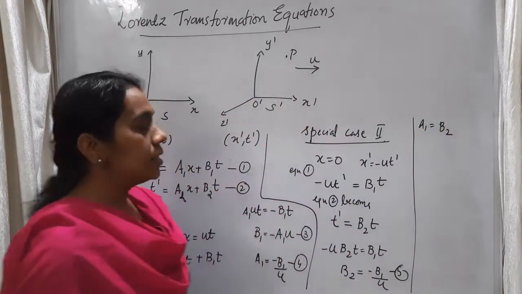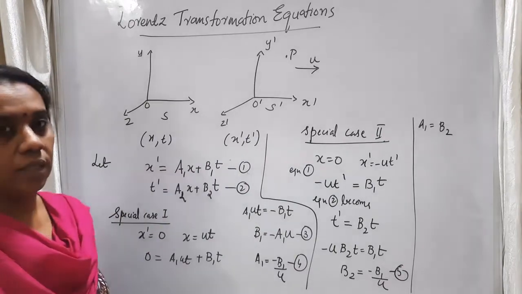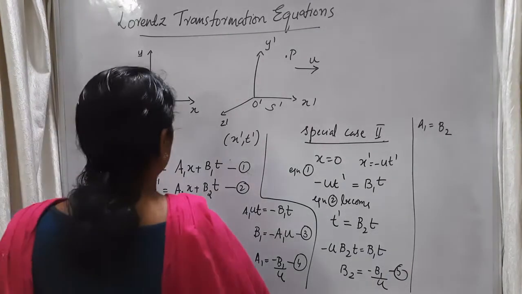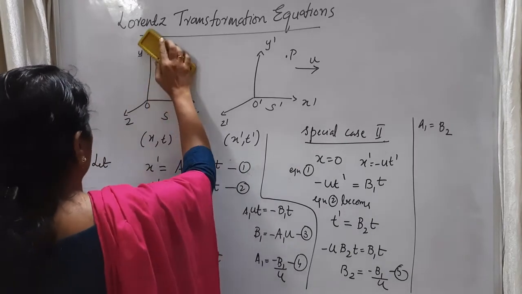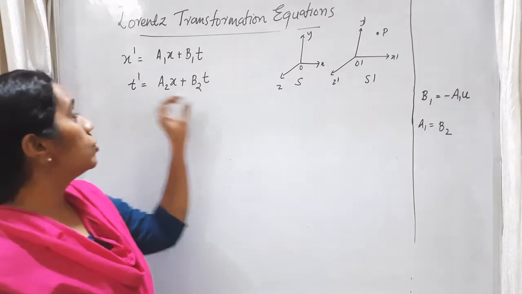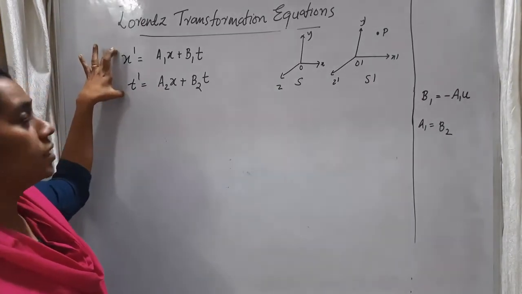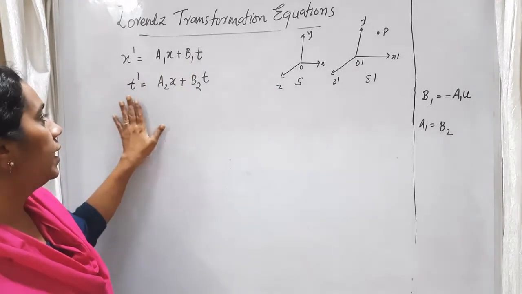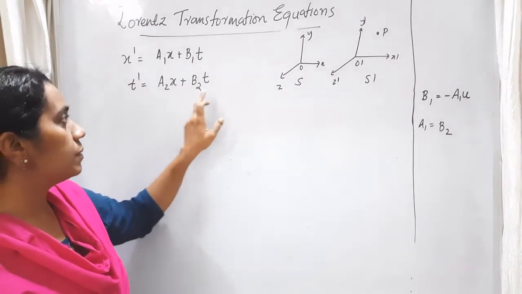Okay, now let us get back to the transformation equations. Okay, I have drawn the figure now. So linear transformation equations for x dash and t dash is x dash is equal to a1x plus b1t, t dash is equal to a2x plus b2t.